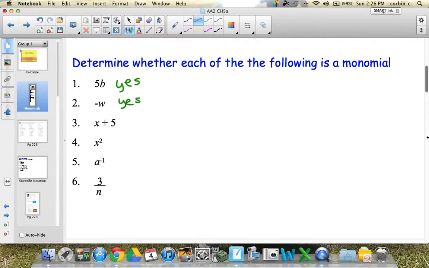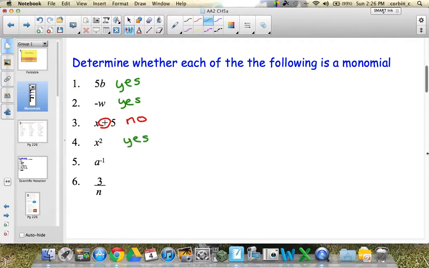The next one is x plus 5. X is a variable, 5 is a number, but we're not multiplying. We are adding these numbers together, and the addition is not allowed for a monomial, so that one does not qualify. X squared. X squared really means x times x. Since x is a variable and we are allowed to multiply them, x squared is a monomial.